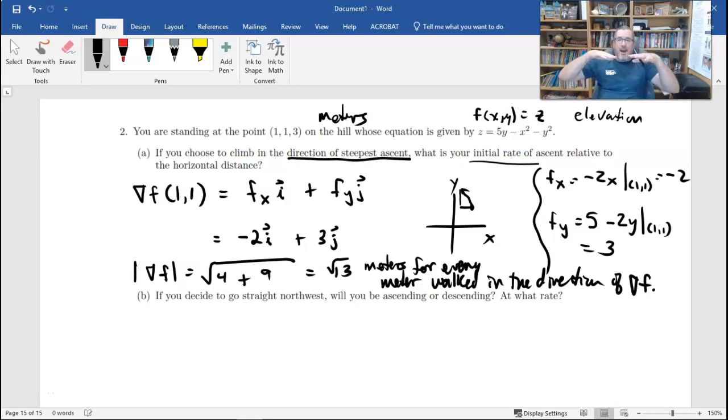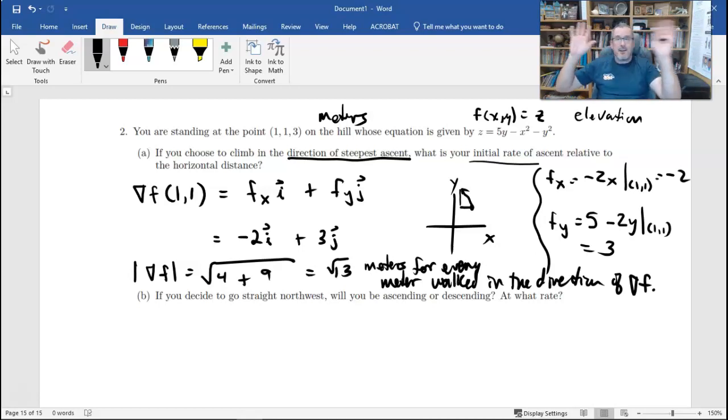So you're at (1, 1, 3), you're standing on a hill, you're going to go that way. You're going to follow the vector negative 2i plus 3j. You take a step. Metaphorically speaking, that step is going to be the square root of 13 meters tall. And that's at the point (1, 1, 3). Now, it's all going to change as soon as you get off (1, 1, 3), unless you have some kind of constant rate of change. But we don't in this case.